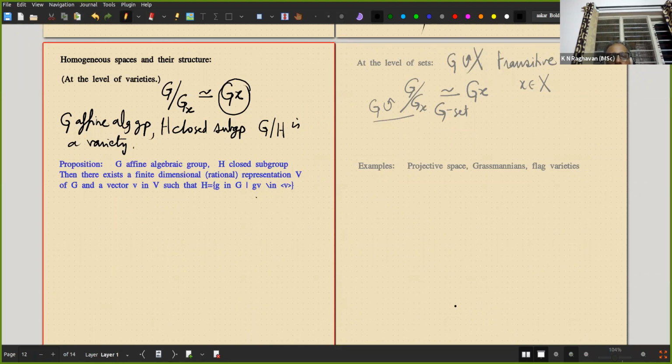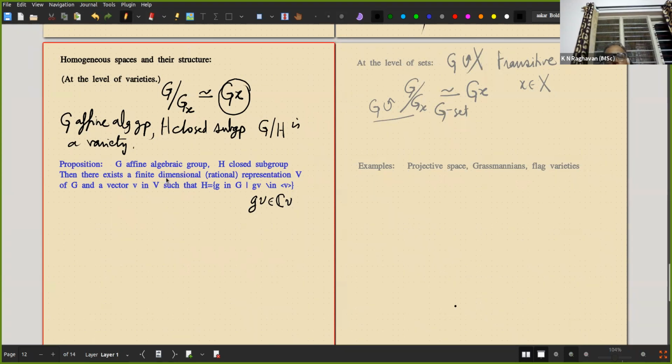This means gv is in Cv, the one-dimensional line spanned by v. Those elements of G with gv in Cv are precisely those that belong to H. So given G and H, I can cook up this V and this little v.